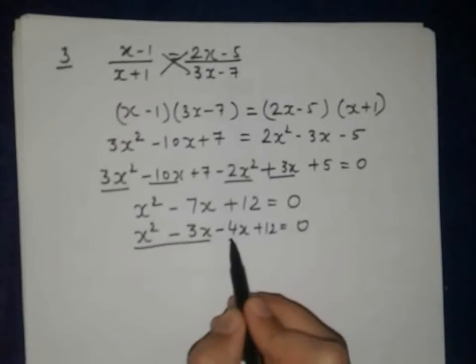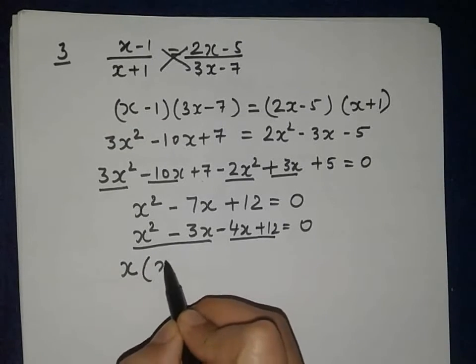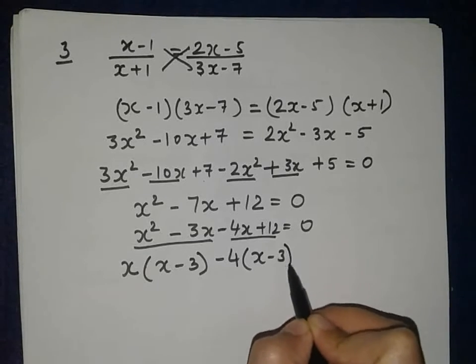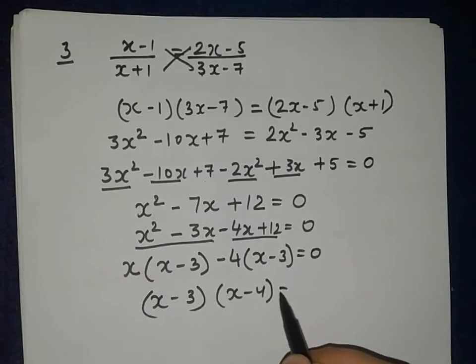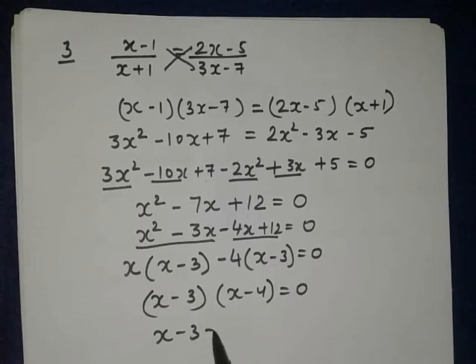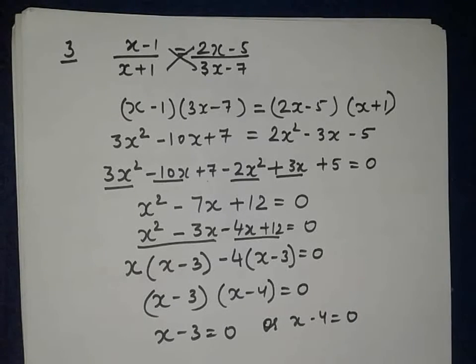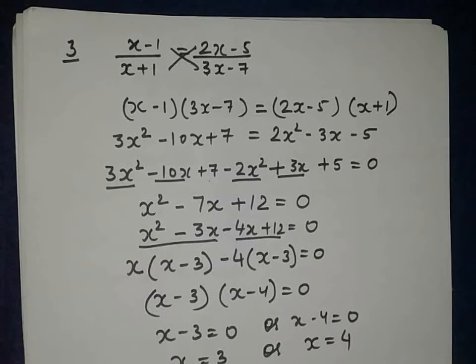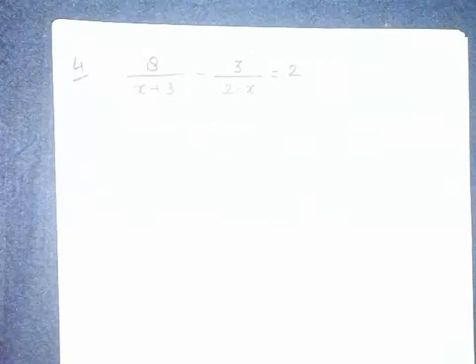In these two terms and in these two terms, taking x common here, what do I get? x minus 3, and taking minus 4 common here, I get x minus 3 equal to 0. x minus 3 is a common bracket and x minus 4 is here. So either x minus 3 is equal to 0 or x minus 4 is equal to 0. From here x is equal to 3 or x is equal to 4. This is how the question is solved.